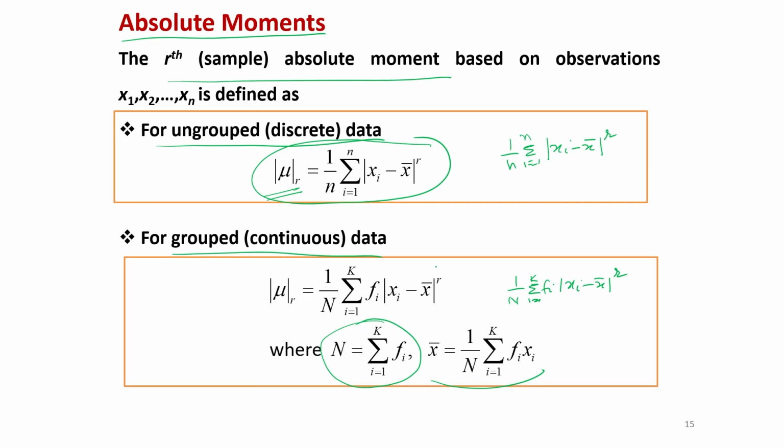So this rth absolute moment is denoted as absolute value of mu r, then 1 upon N summation i goes from 1 to k fi absolute value of xi minus x bar and its power r.